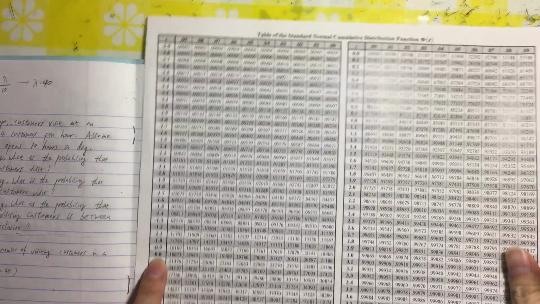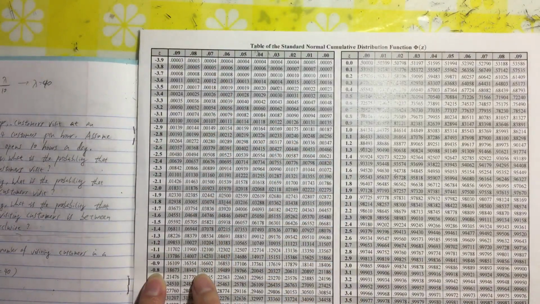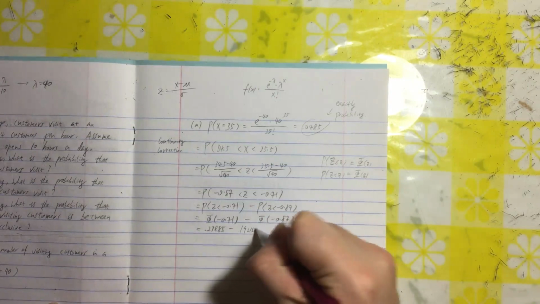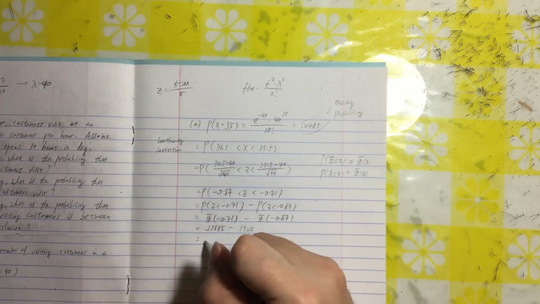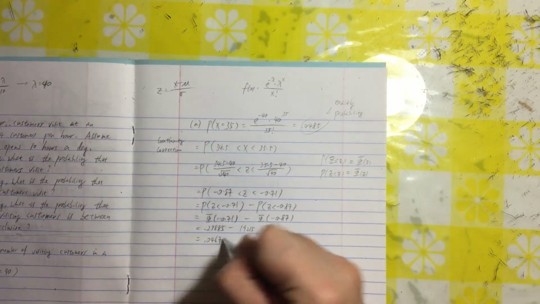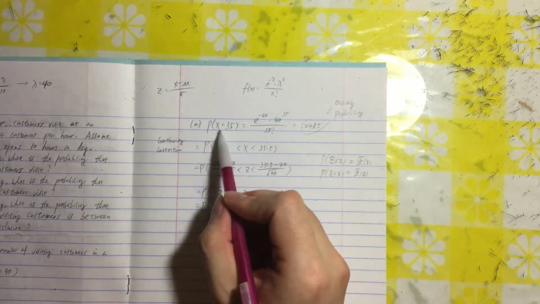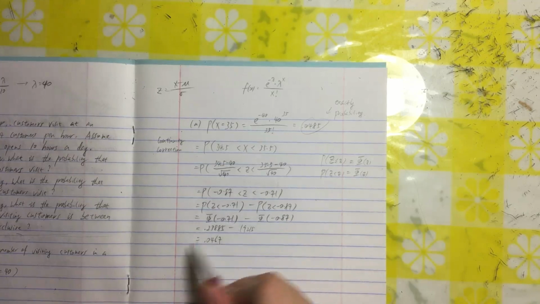Negative 0.8 is here, 7 is here. Negative 0.87 is 0.19215. That's phi of negative 0.87. Then I subtract. I get 0.0467. That's an approximate probability for X equal to 35. This is an approximate answer using normal approximation.